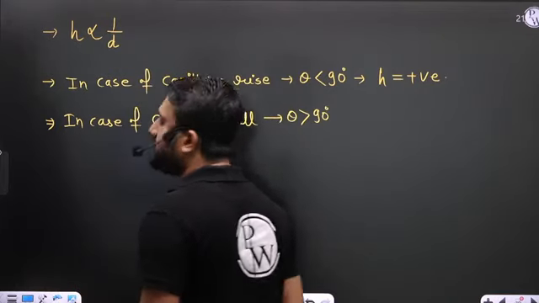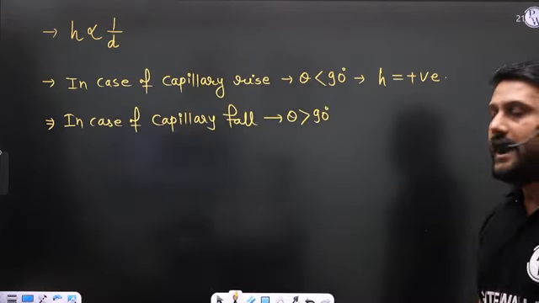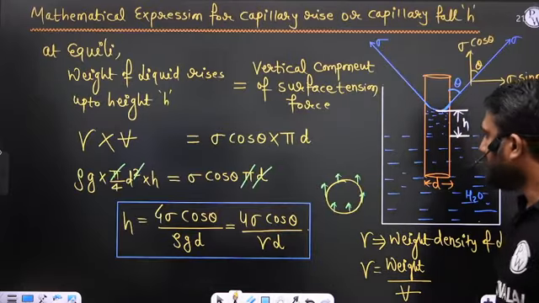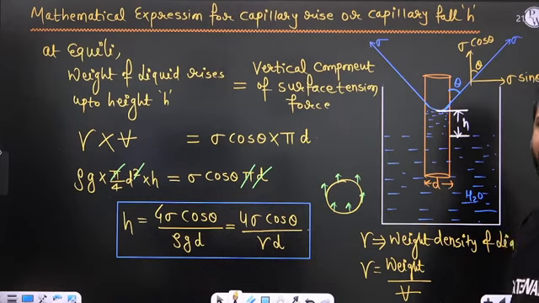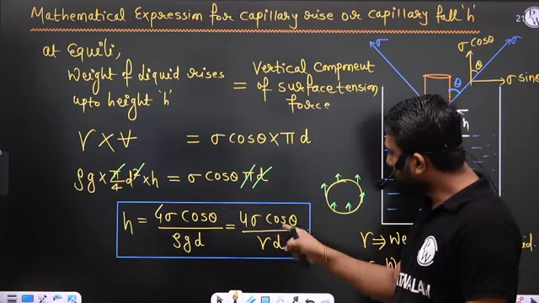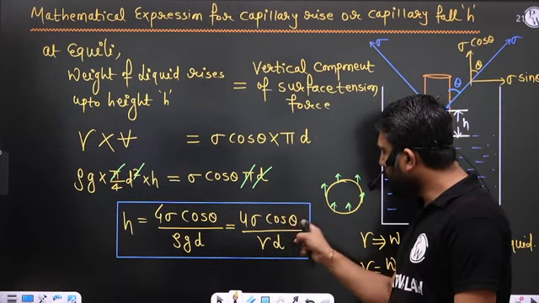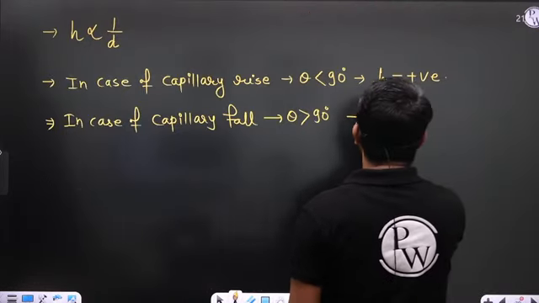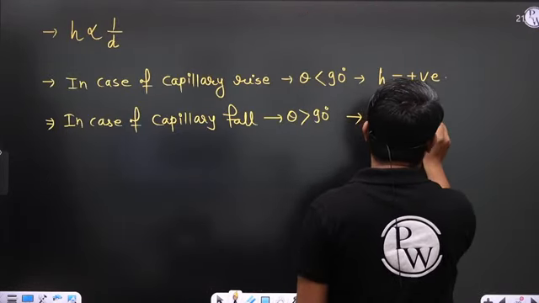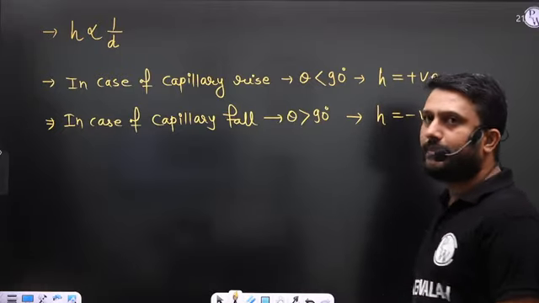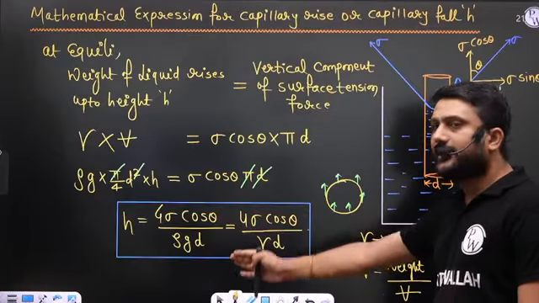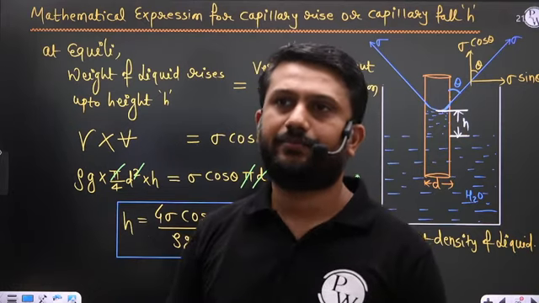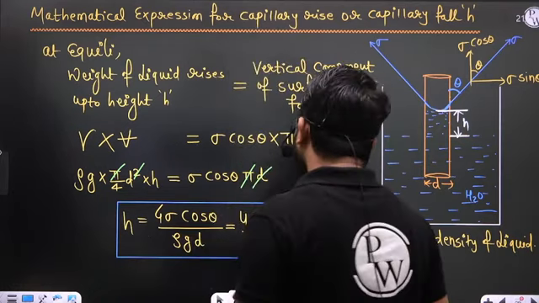So in this term, sigma is positive, gamma is positive, d is positive, but cos theta is negative. This term is negative. So your h is negative. So you can use the same mathematical expression for the capillary rise as well as for the capillary fall. Fine.